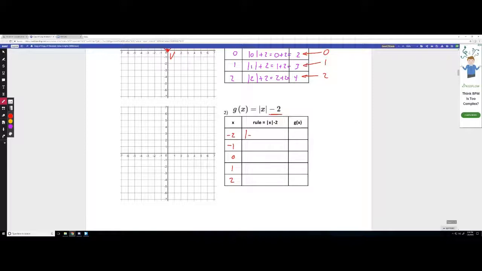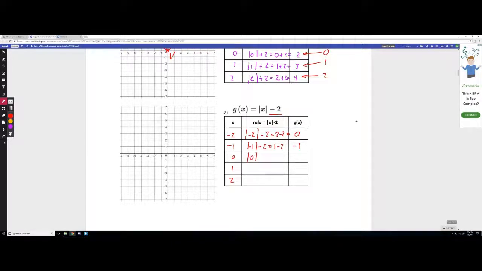So again, the absolute value of -2, can't have that, it's positive 2, right? But what's 2 minus 2? 0. The absolute value of -1 should be positive 1, and 1 minus 2 is -1. So as you can see, it does change your outputs.